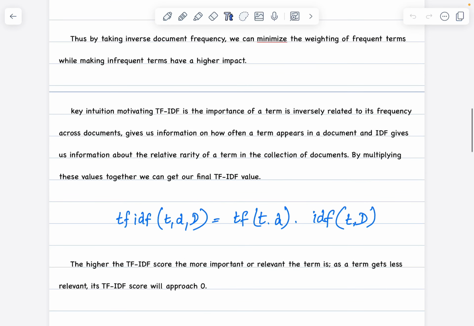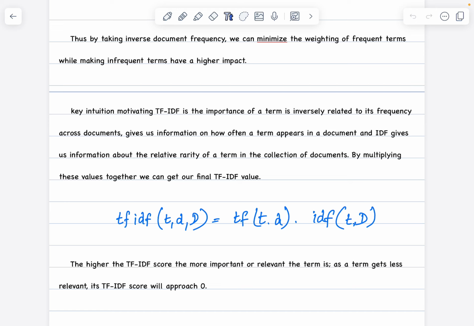The key intuition and motivation behind TF-IDF is that the importance of a term is inversely related to its frequency across documents. TF gives us information on how often a term appears in a document, and IDF gives us information about the relative rarity of a term in a collection of documents. So as I said earlier, it's about giving relevance to the rare words and identifying them from the collection of documents.